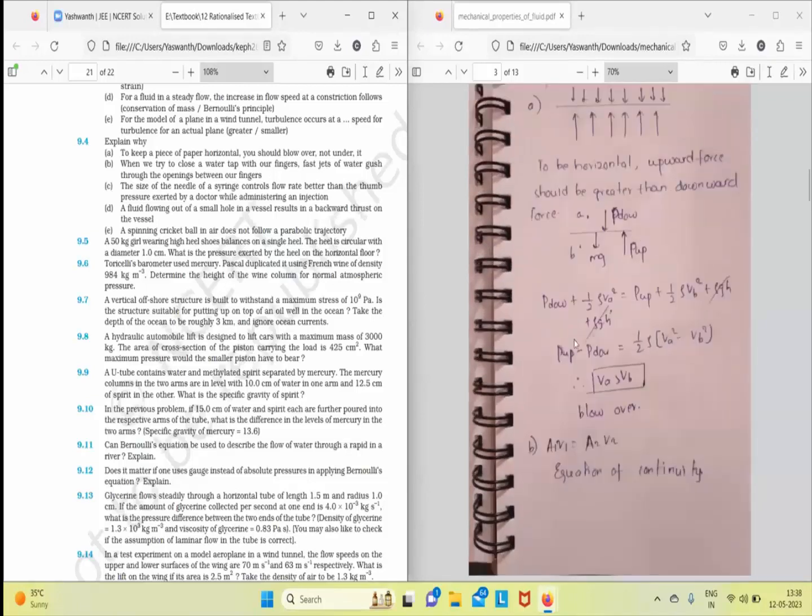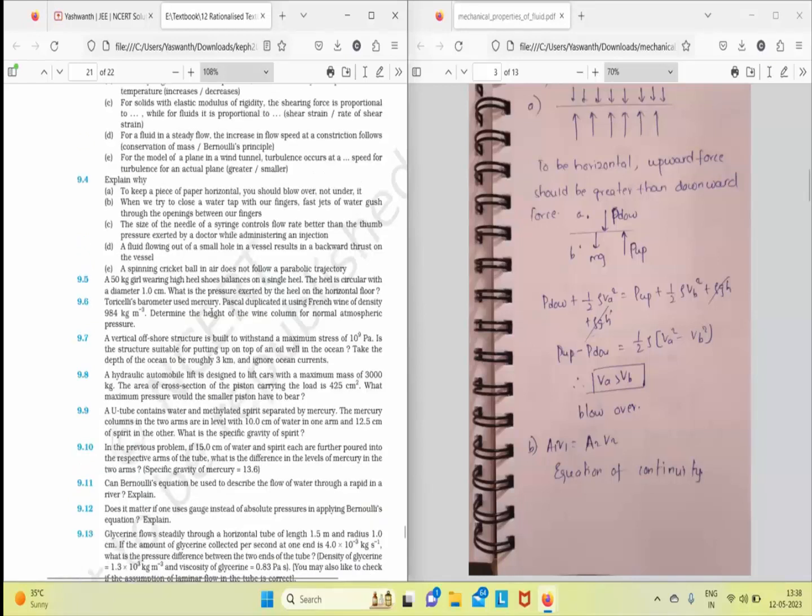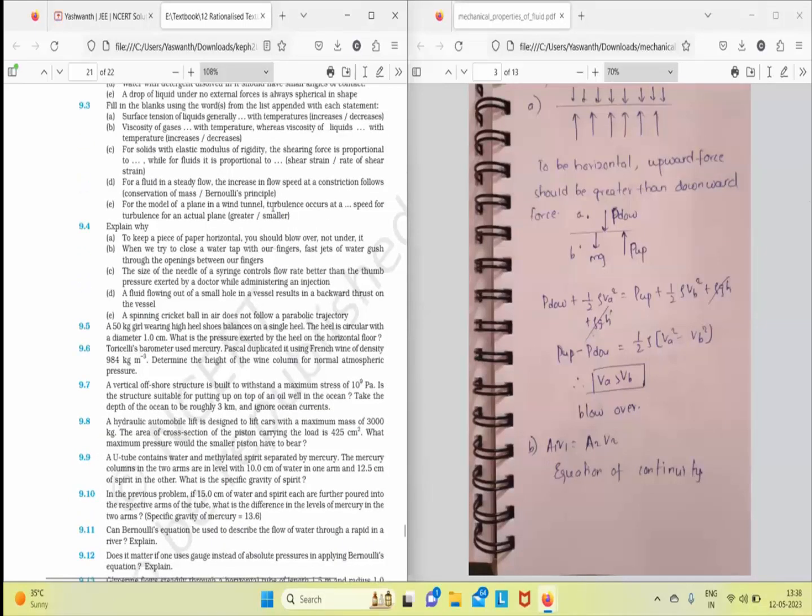It means that to have an upward force, the velocity at point A should have a greater value than the velocity at point B, which means that you should blow air on the upper side of the paper instead of below the paper. So this phenomenon I explained to you using Bernoulli's principle.